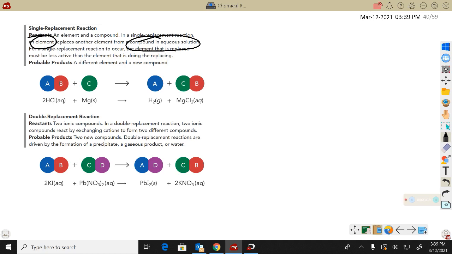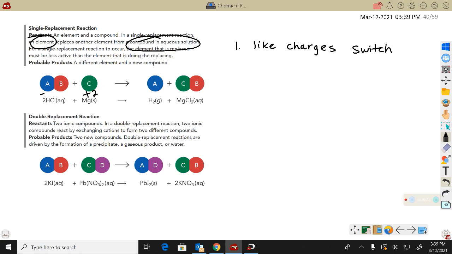Now there's a couple rules. We said rule number 1 is that like charges can switch. So you have to maybe find the charge of your single element. So I'd say, well, magnesium is a +2.